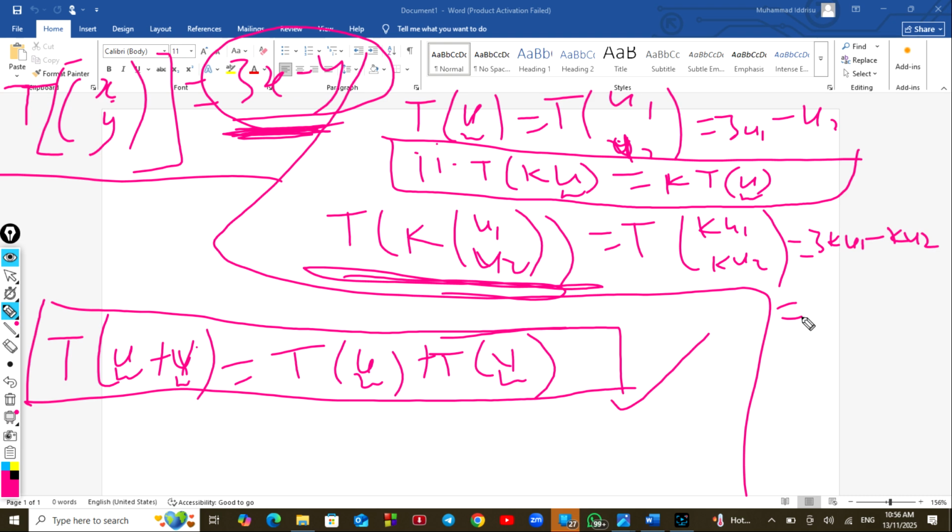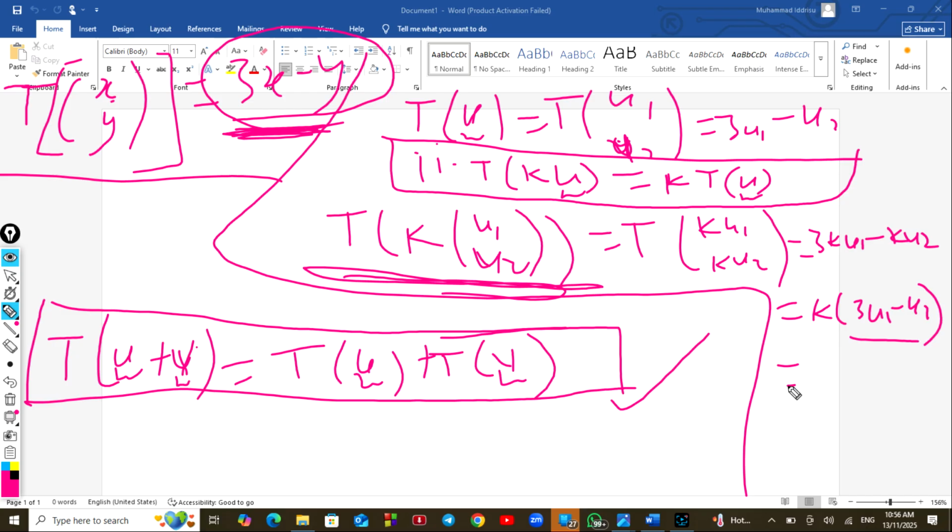You can see that k is common. We factor out the k, leaving what? 3u1 minus u2, and this 3u1 minus u2 is the same as we've seen from the top.